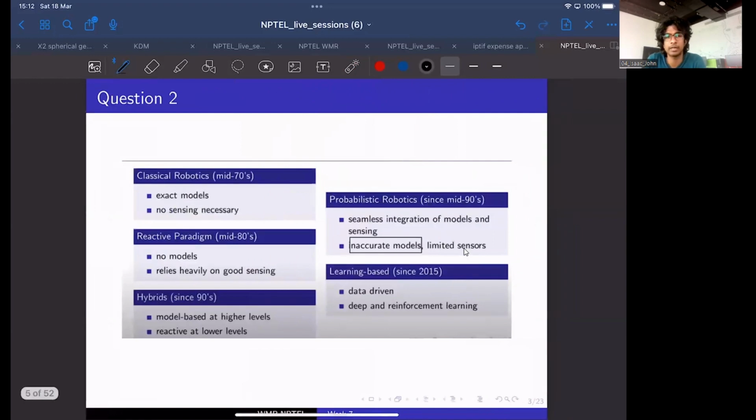For the sake of completeness, we'll review the rest of the paradigms, because it might come useful during the further part of this session. So in classical robotics, which was popular during the 1970s, they never had any sensors actually. They didn't play with sensors.